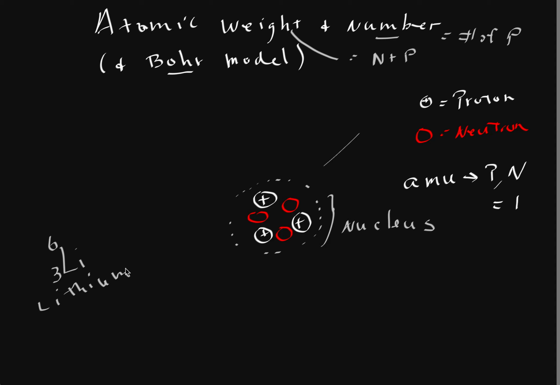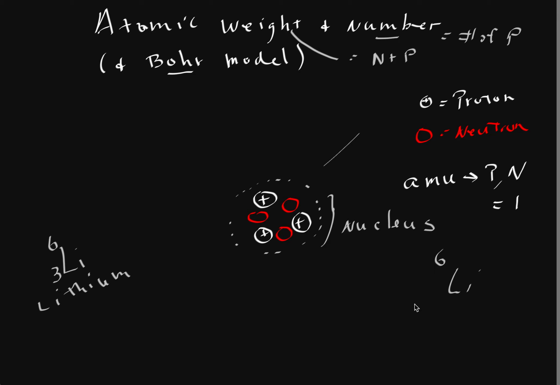So we put the atomic number as a subscript 3, although notice that it is not really necessary. When we write lithium, a lot of times we're just going to write lithium and then put the superscript 6, and we'll skip the subscript.